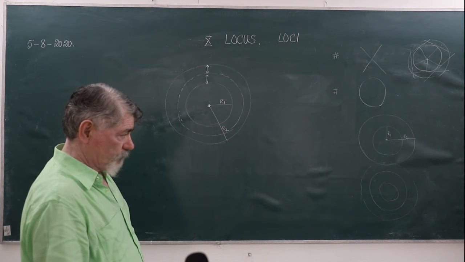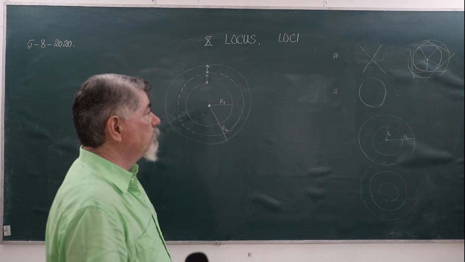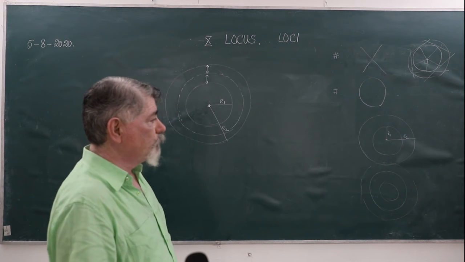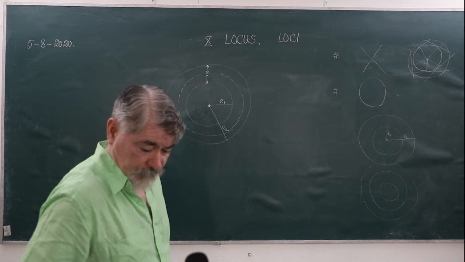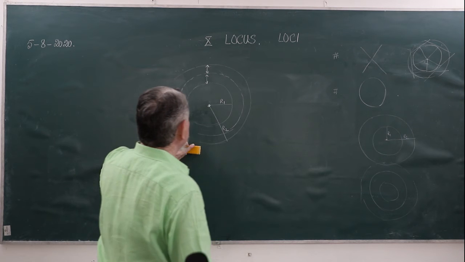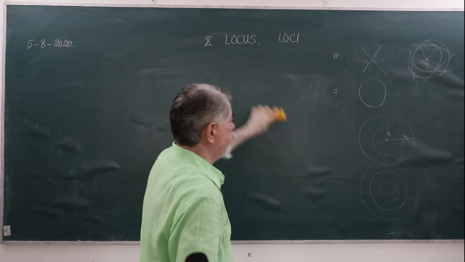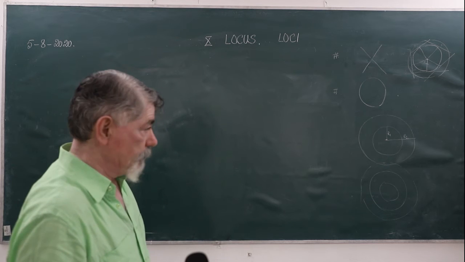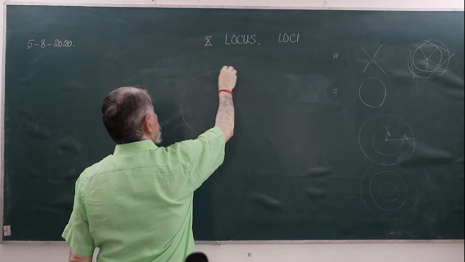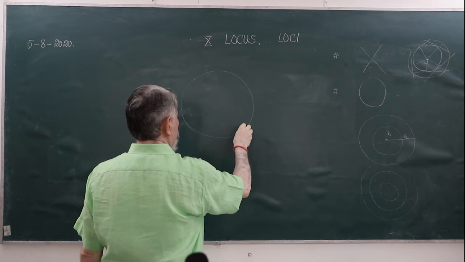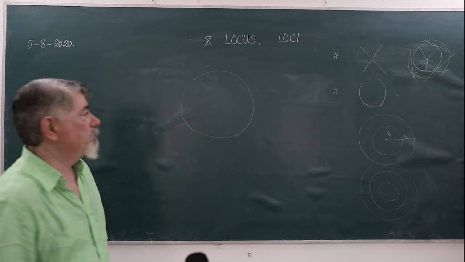Now, third one, we have to talk about another circle problem. Suppose this is a circle and there are equal chords drawn here, equal length.